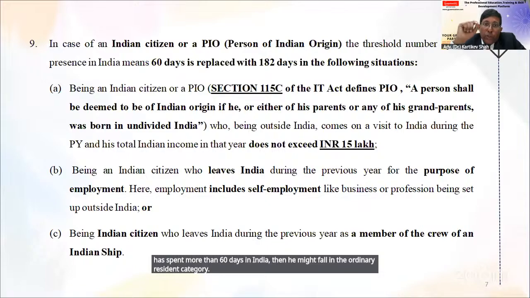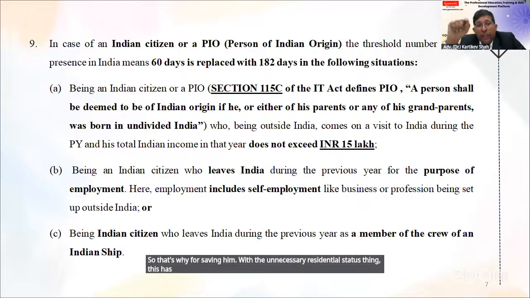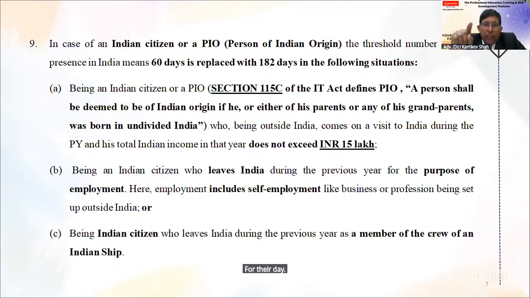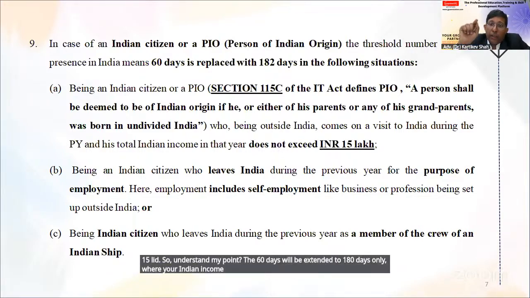So to save him from the unnecessary residential status issue, this has been relaxed to 182 days. For that, another condition is that his Indian income does not exceed 15 lakh. So understand my point: the 60 days will be extended to 182 days only when your Indian income does not exceed 15 lakh.